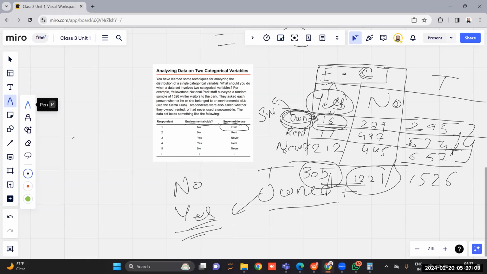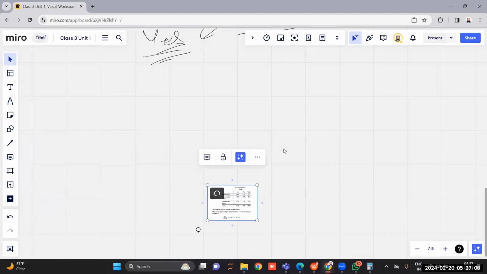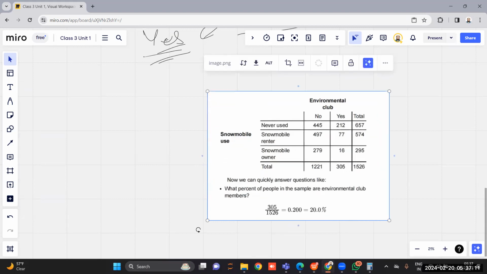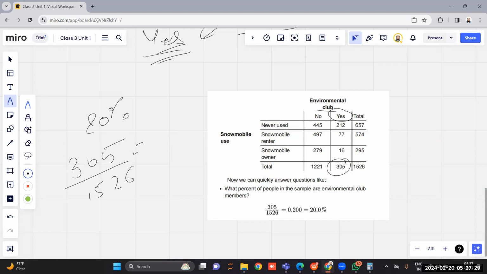We calculated this for environmental club members, 305 divided by 1526, which came out to be 20%. So this 20% represents that 20% of the members were in environmental clubs.